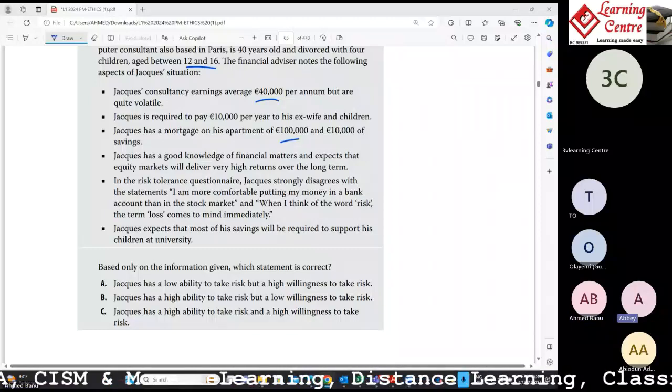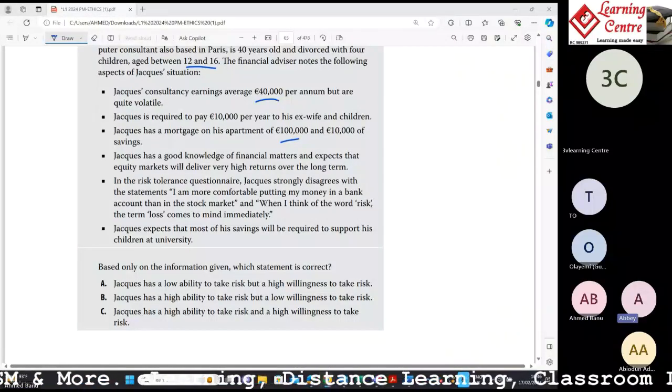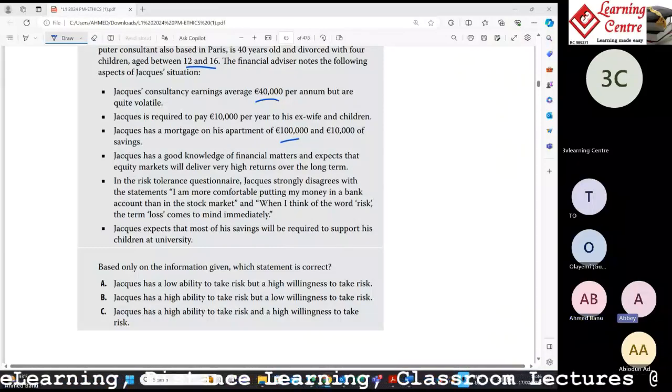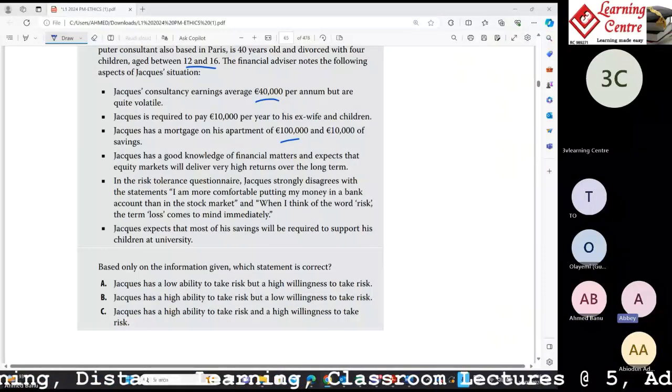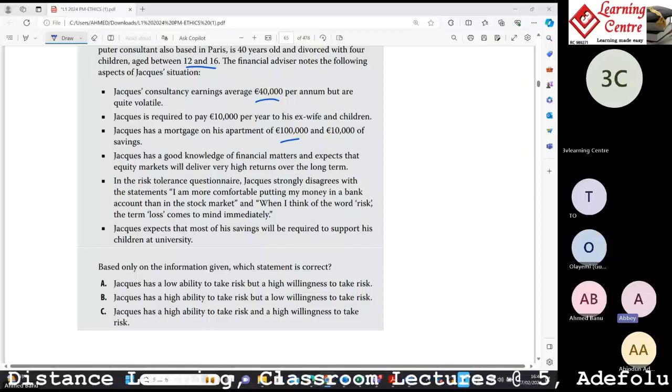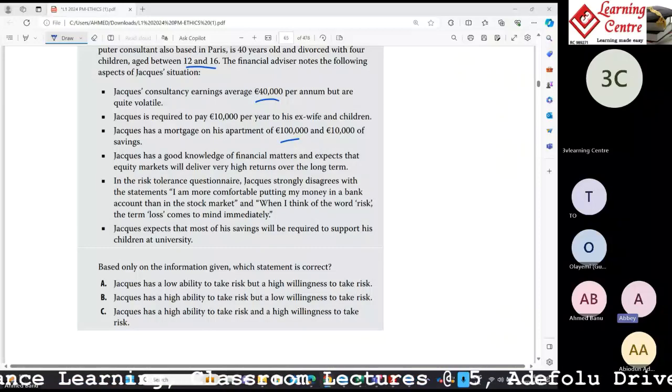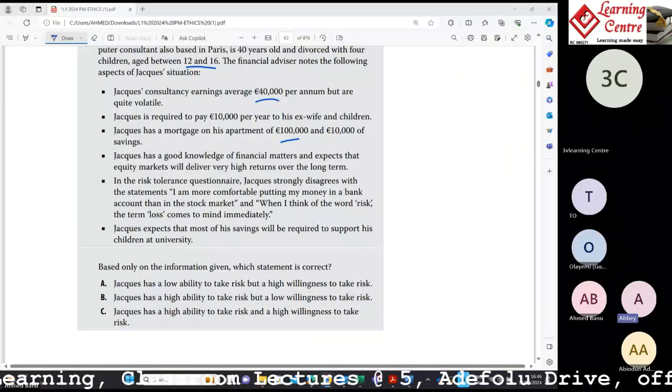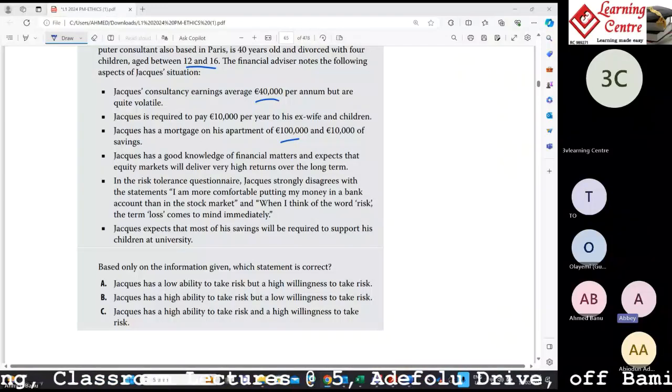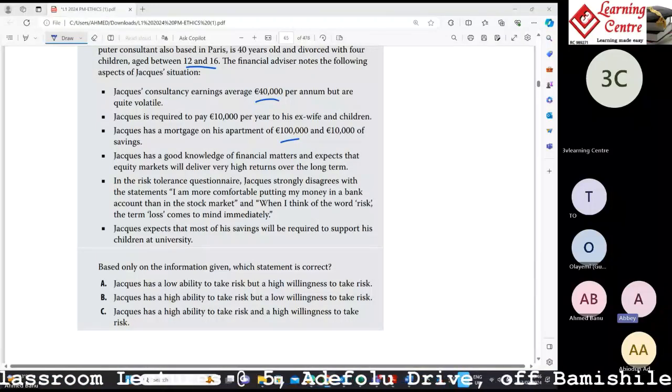However, in terms of willingness to take risk, I think he has a very high willingness, since he understands that generating returns matters. He's comfortable putting money in the stock market rather than in the bank.